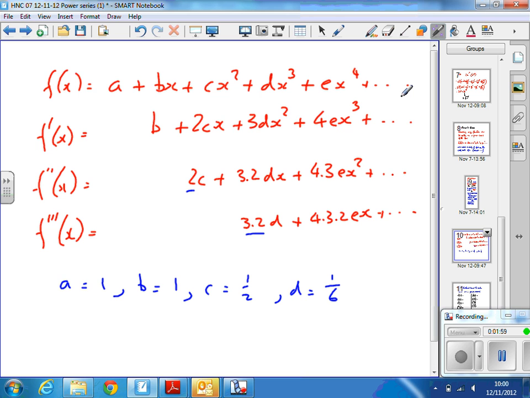Now, if we look at the values that we've got, b turned out to be 1. c turns out to be a half, which is 1 over whatever number we have in front of the c here. d turns out to be 1 over 3 times 2, which is 6. So what do you guess e will turn out to be?